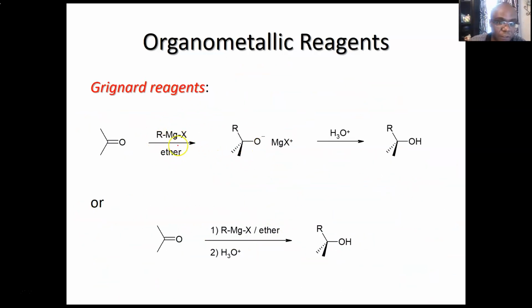Again, in this Grignard reagent, I'm considering only the R minus because MgX is just a spectator ion. This R minus attacks from the back, and that opens up. You see how you have 2 lone pairs?